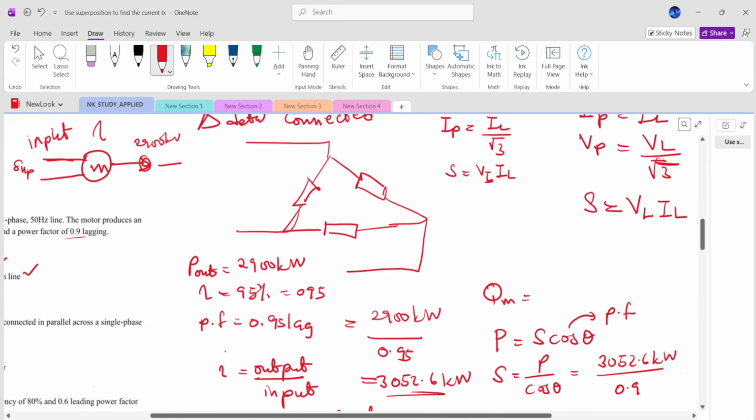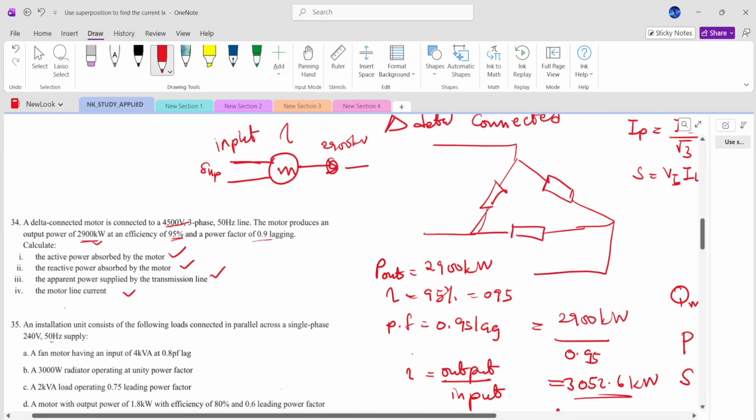Please take note, mostly unless it is mentioned that it's a phase voltage, all voltages given are line voltages, even if it's not mentioned. We always give values in line values unless it's stated clearly that it is a phase voltage or phase current.